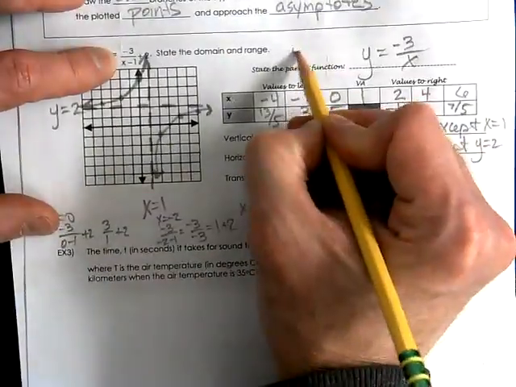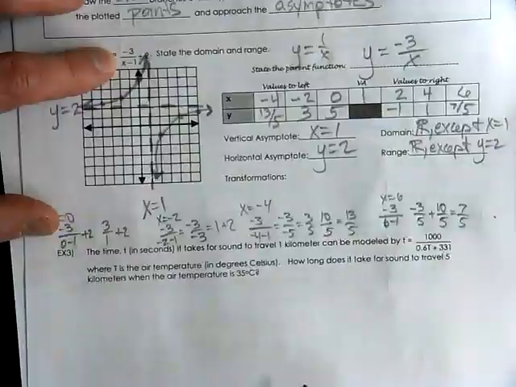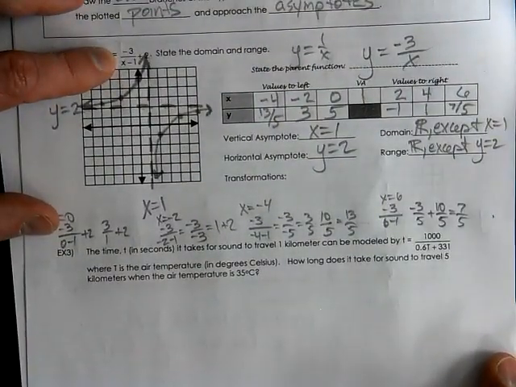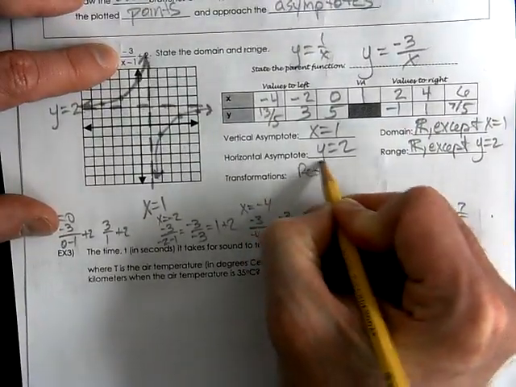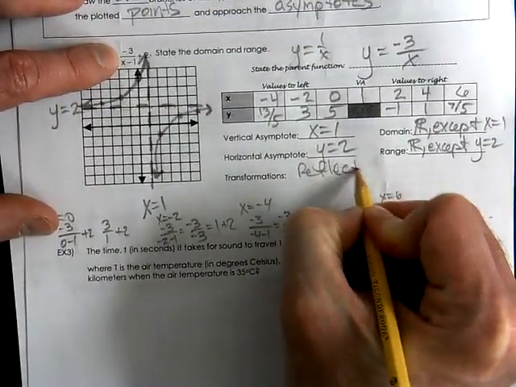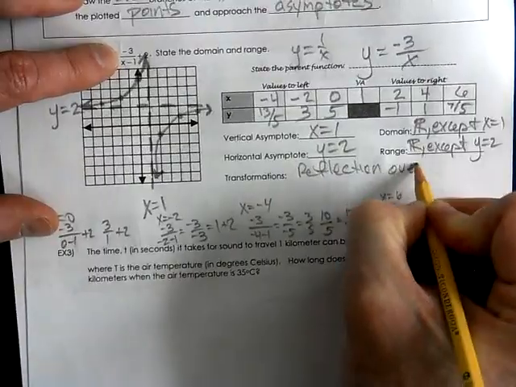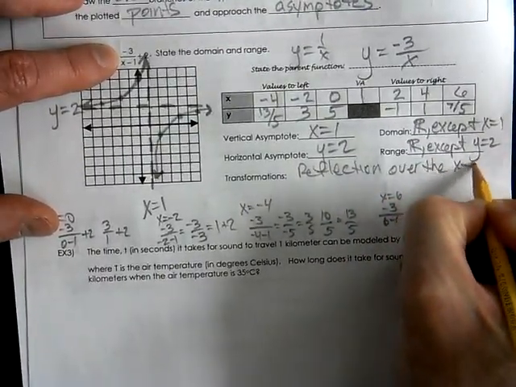So we've had from the basic graph. Okay, so maybe it's even better to say our parent function is 1 over x. That's really our parent function. It has a negative sign, so we have a reflection over the x-axis.